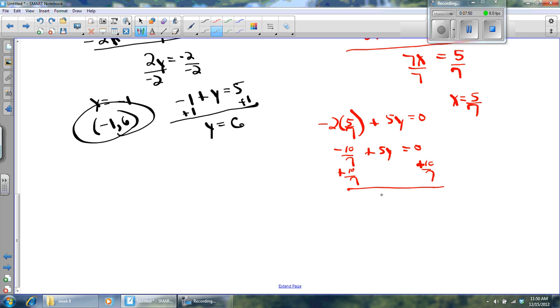And I'm going to get 5y equals 10 sevenths. Divide by 5, which is the same as multiplying by 1/5. Those will cancel. That'll go in once, go in there twice. And so y is going to equal 2 sevenths. So these two lines cross where the x-coordinate is 5 sevenths and the y-coordinate is 2 sevenths. So you see you can get some strange answers.